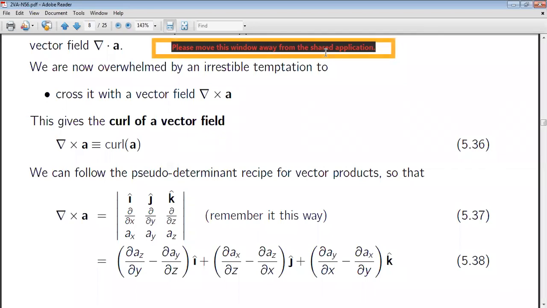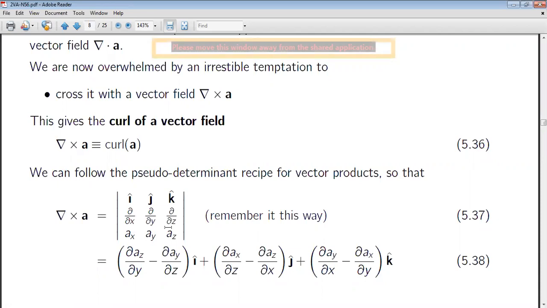So the coefficients are del/del x, del/del y, and del/del z. Similarly, the third row represents the scalar coefficients of the vector, that is Ax, Ay, and Az. So you can remember how you have to form the determinant elements.